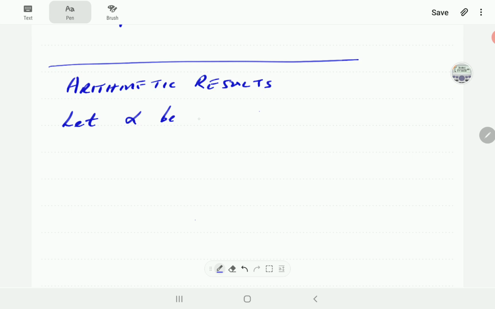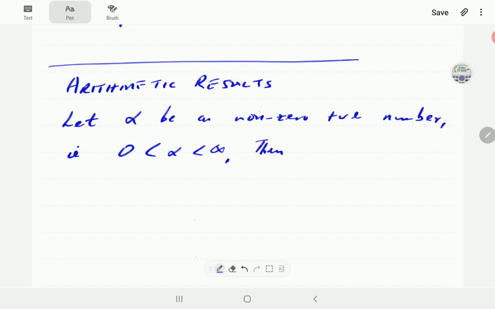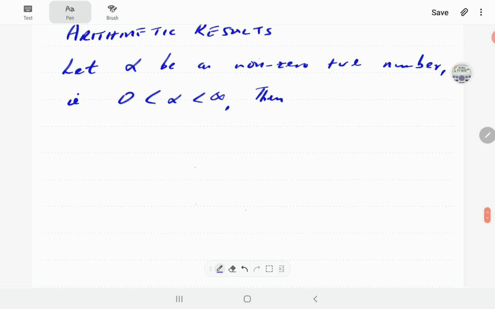So let alpha be a non-zero positive number. What we're saying is that alpha is bigger than 0, but it is less than infinity. Then the following results will apply.